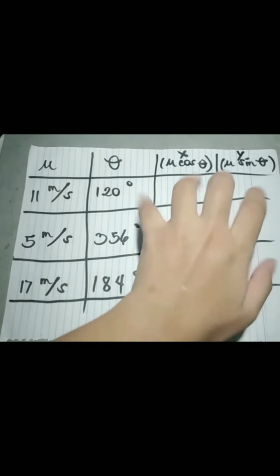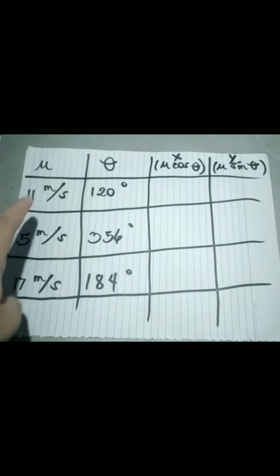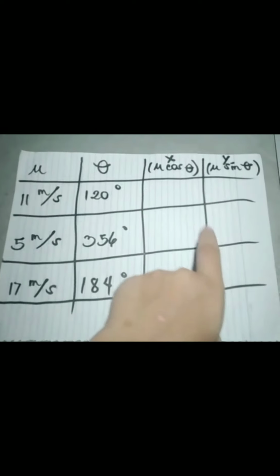After those hardships, we'll now tabulate or make a table. So these are our magnitudes and these are our angles. And now you see there is something missing in our table, and that is the x and the y's of our vectors. So in getting the x, we must use the magnitude cos the angle.